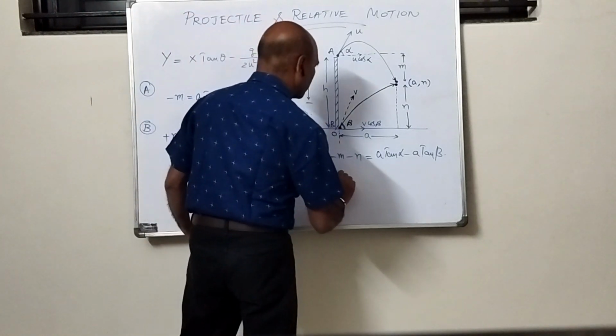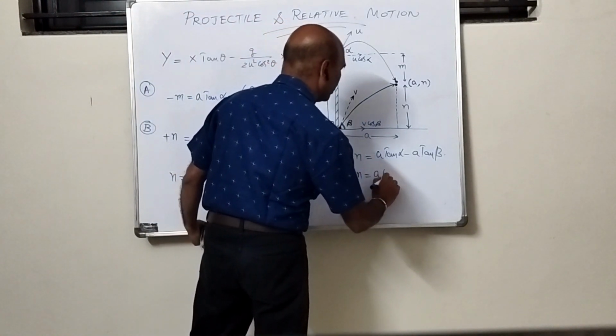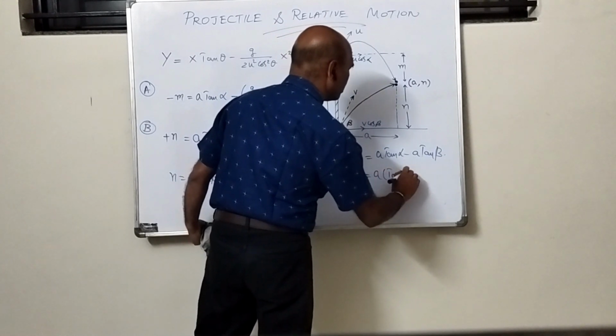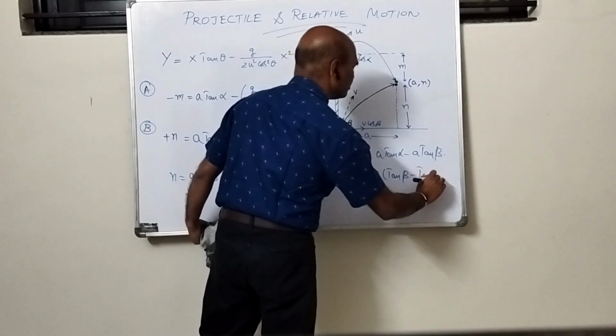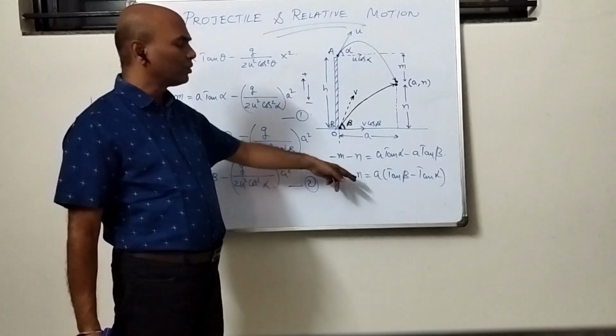So it becomes m plus n is equal to a into tan beta minus tan alpha. I have multiplied with minus sign on both sides, so we'll get this.